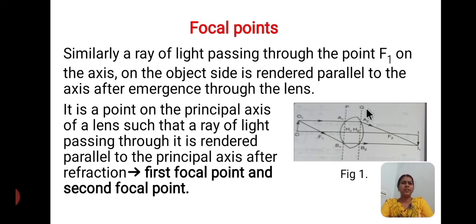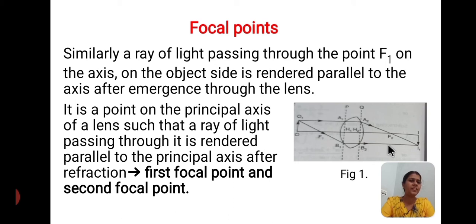Similarly, the ray of light passing through the point F1 on the axis on the object side is rendered parallel after emergence through the lens.